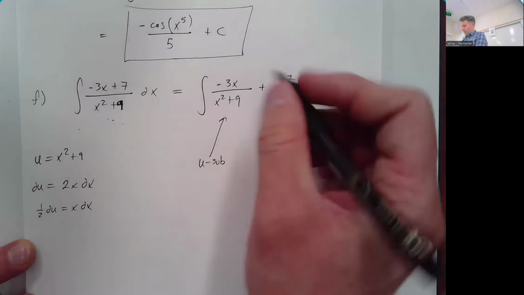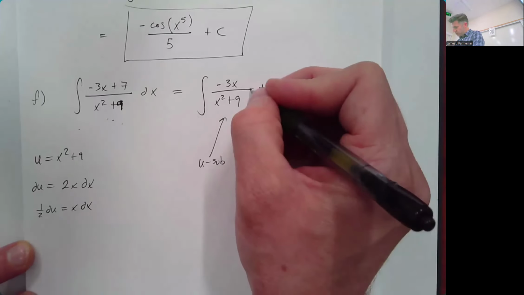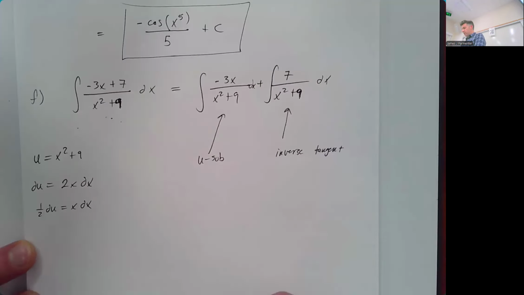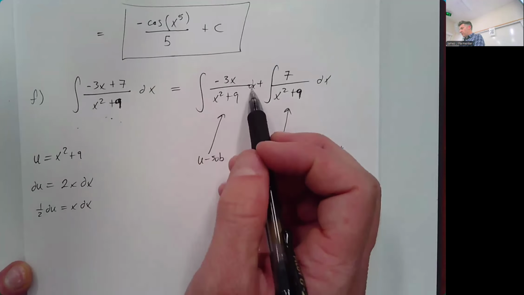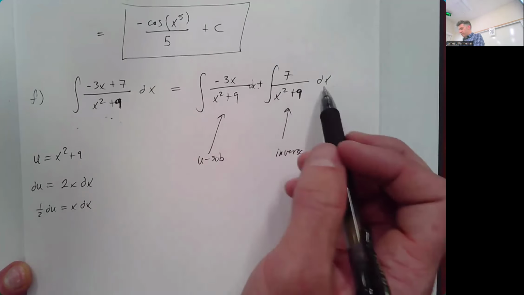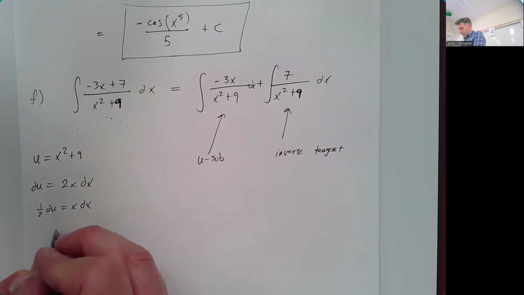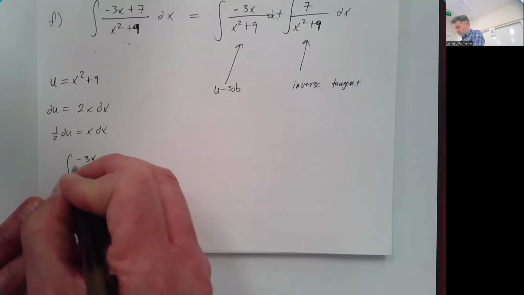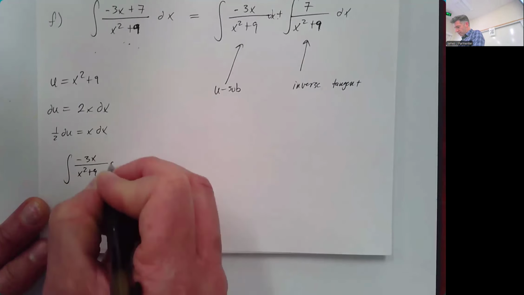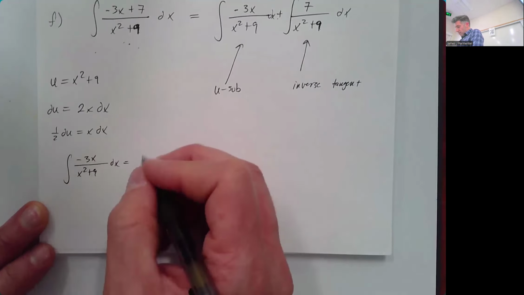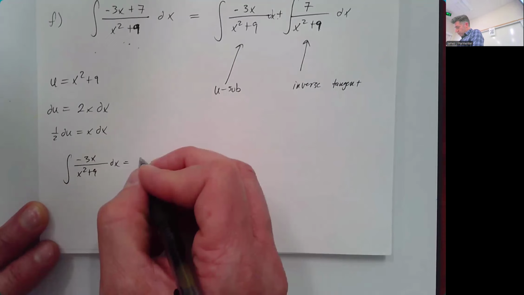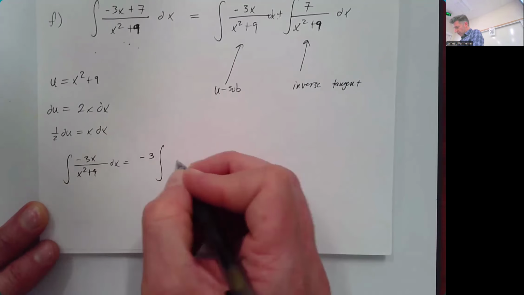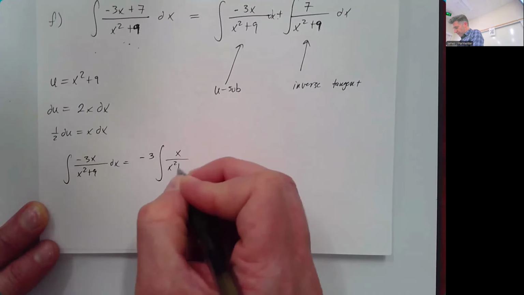And I do want to write this as 2 integrals. So I've got the integral of negative 3x over x squared plus 9 dx plus the integral of 7 over x squared plus 9. So that first integral is going to be negative 3 times the integral of x over x squared plus 9.